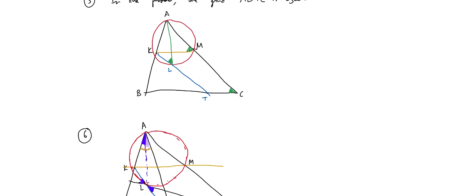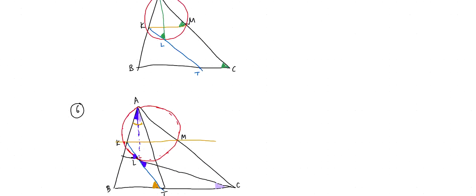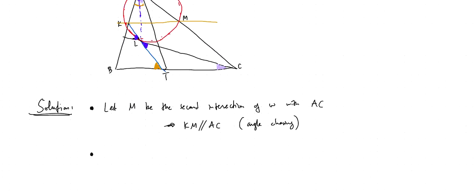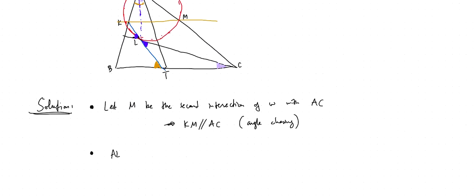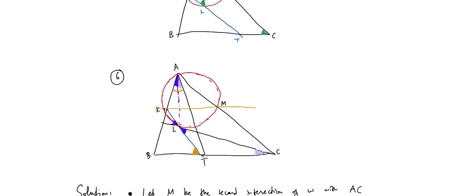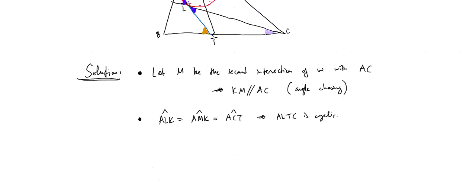ALK equals AMK, which equals ACT. Therefore, ALTC is cyclic. Now, the next thing I need to do is use ALTC cyclic to do this angle chasing. This is the third thing I need to do.